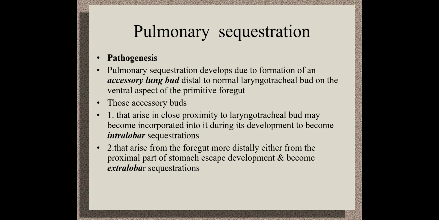And second, buds that arise from the foregut more distally, either from the proximal part of the stomach, escape development and become extralobar sequestration.